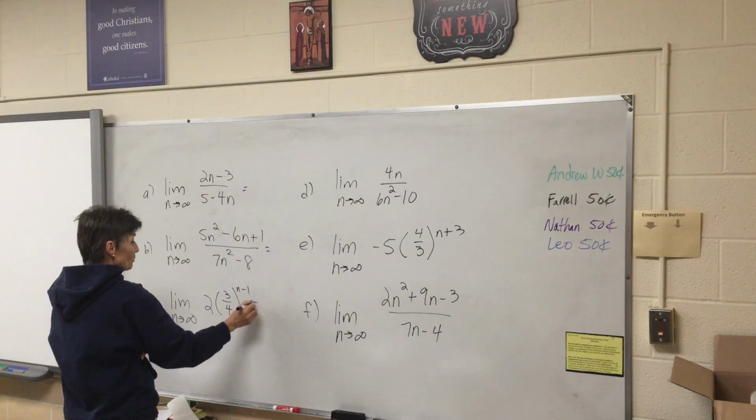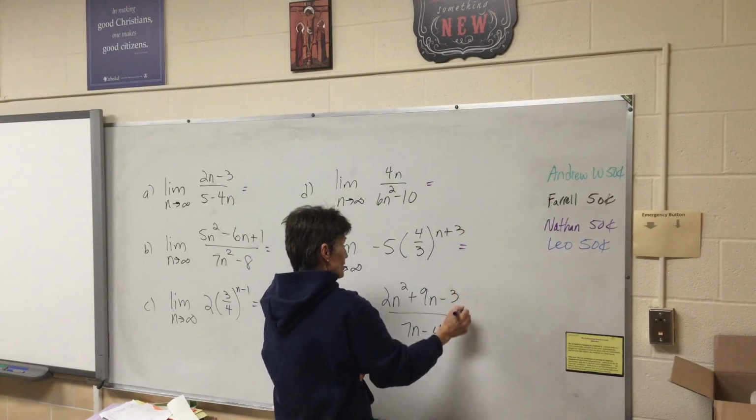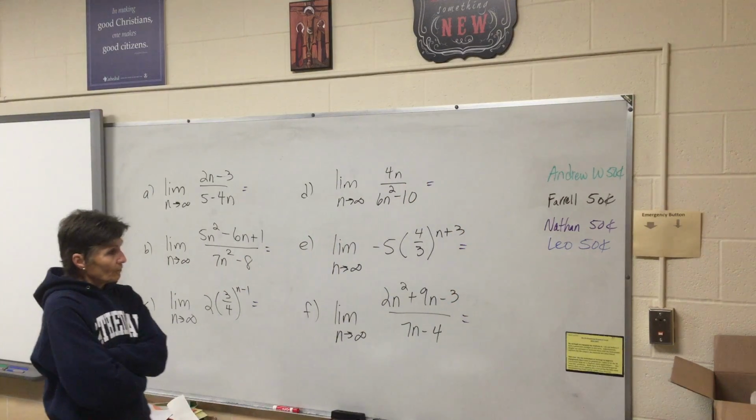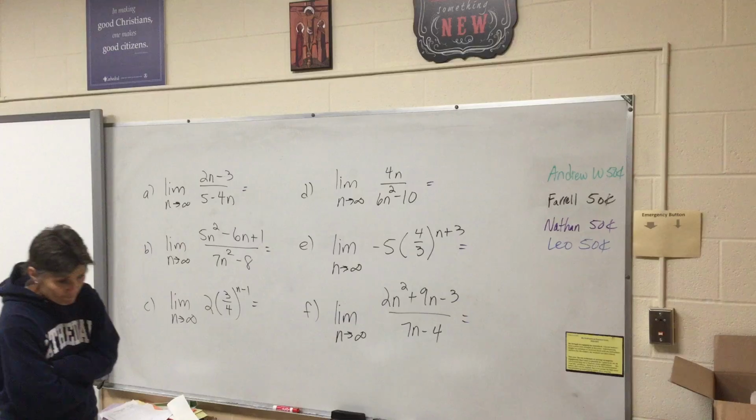These are either going to equal a number or you're going to say no limit or divergent. Does anybody see any that you can give me the number they equal, or any you know for sure are divergent? No limit.